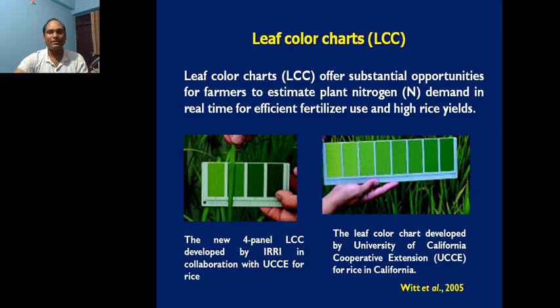If more yellowish color is there, then there is the chance of nitrogen deficiency, and that can be diagnosed in the field with the simple leaf color chart. And nitrogen is applied in different physiological stages based on this deficiency symptoms for better physiological growth and for higher grain productions.